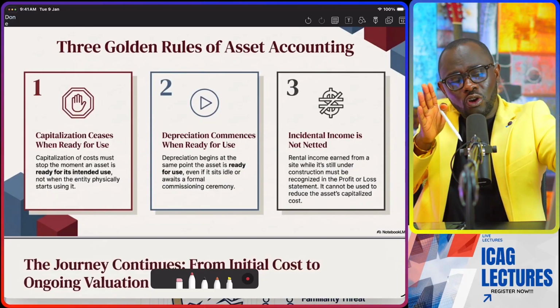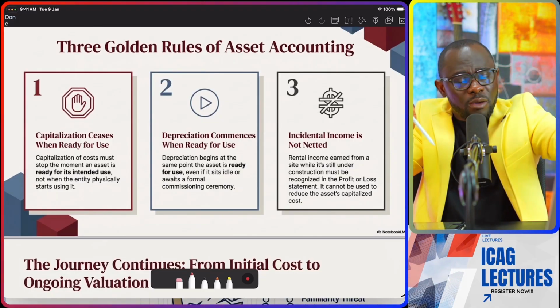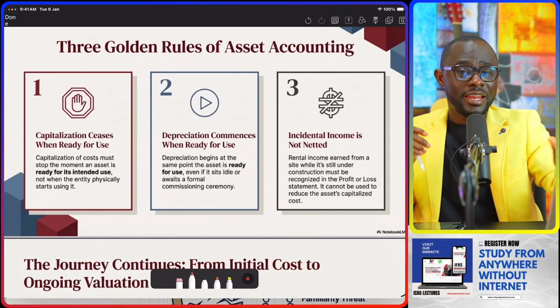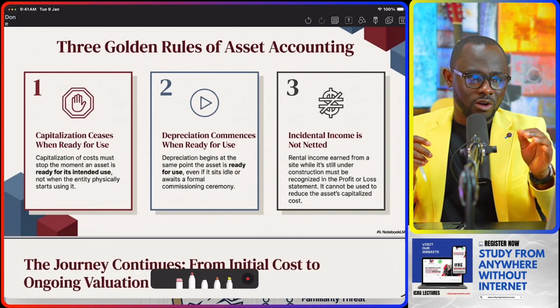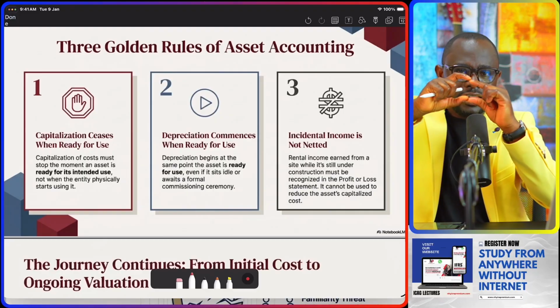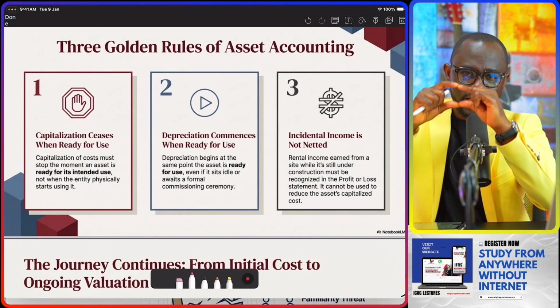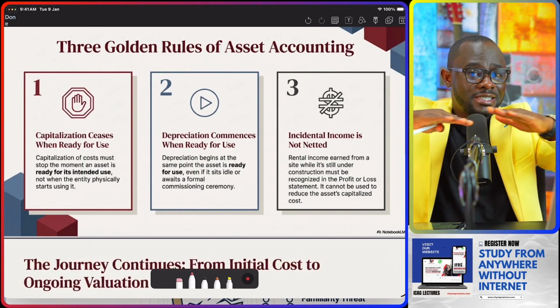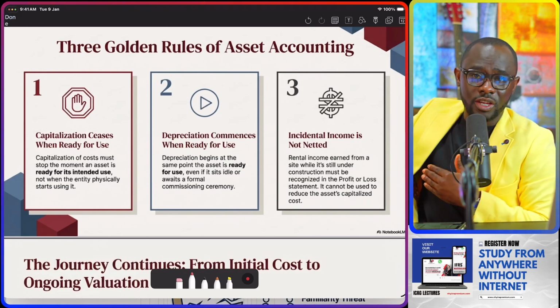No, it is only the interest that relates to the period of active construction. And that is IAS 23 borrowing cost. We'll come back to that later. So once the asset is ready for its intended use, capitalization ceases. Other costs must be written off in the P&L.